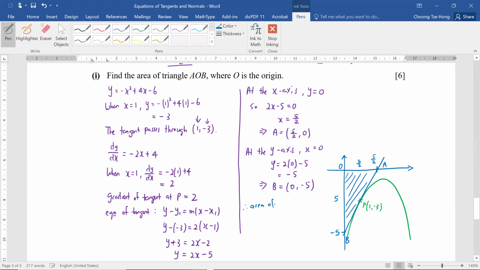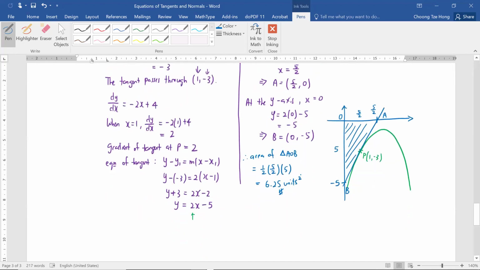Area of triangle AOB equals half times the base, 5 over 2, times the height, which is 5. So we'll get 6.25 units squared. Not too difficult a question. I'm sure you can do it with some practice. Do try more questions like this.